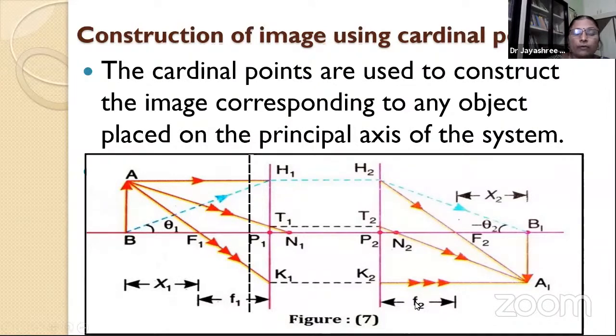So this is also a very nice idea behind this particular construction of an image using the cardinal points.